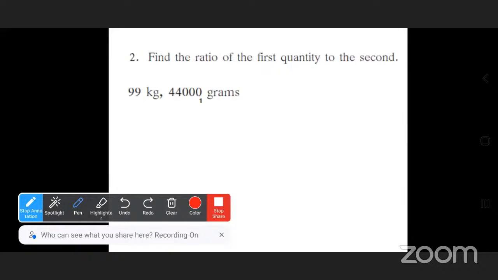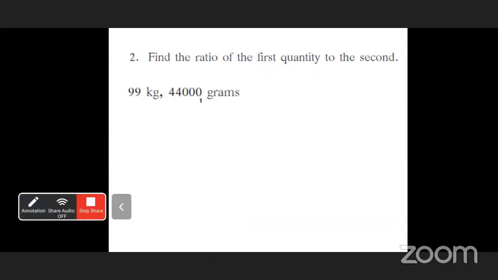Whenever you are supposed to find a bigger quantity, that is kg, from a smaller quantity, that is gram, you are going to divide it. Or if you are supposed to find the smaller quantity, then you are going to multiply.